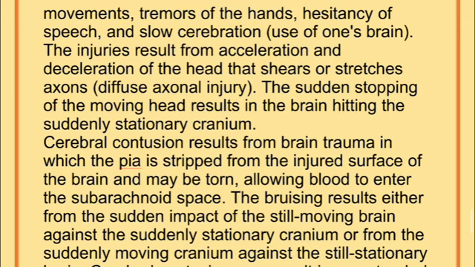The bruising results either from sudden impact of the moving brain against the stationary cranium, or from sudden impact of a moving cranium against the stationary brain. Cerebral contusion may result in an extended loss of consciousness, but usually there's no diffuse axonal injury. There is no brain swelling or secondary hemorrhage, and recovery from cerebral contusion is actually good.